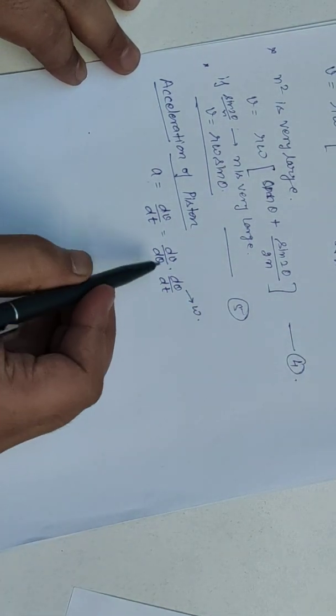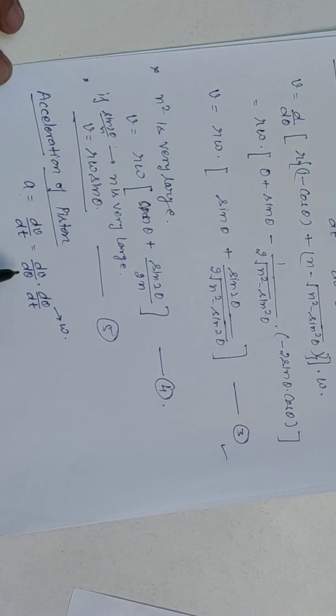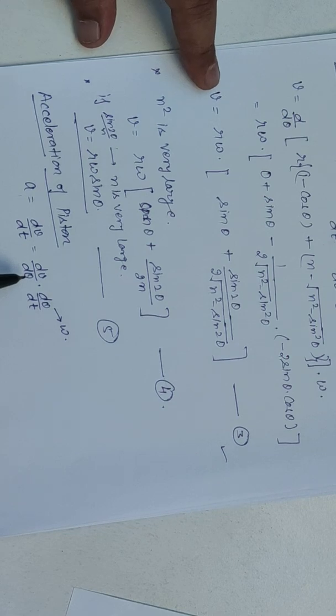And dv by d theta means we have to differentiate this term, v is equal to r omega.